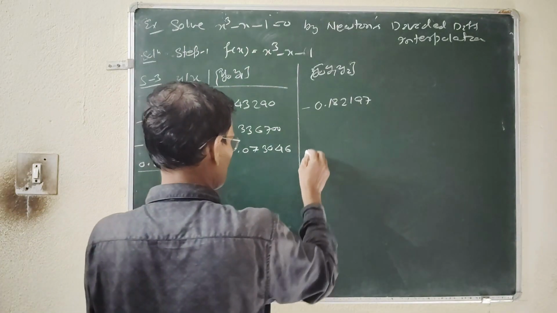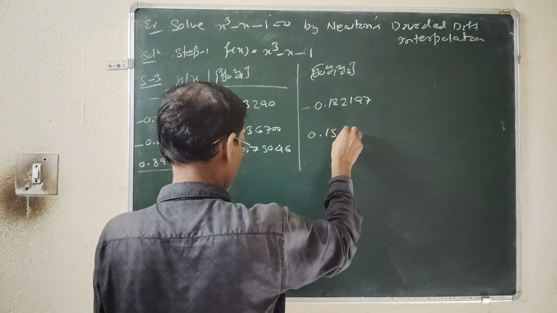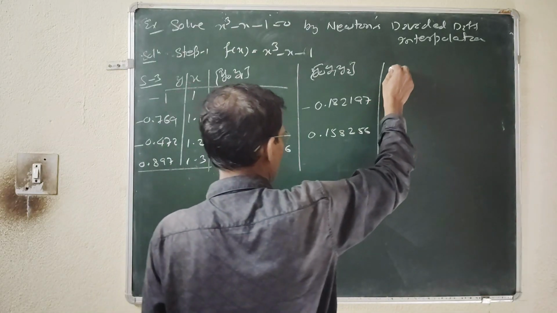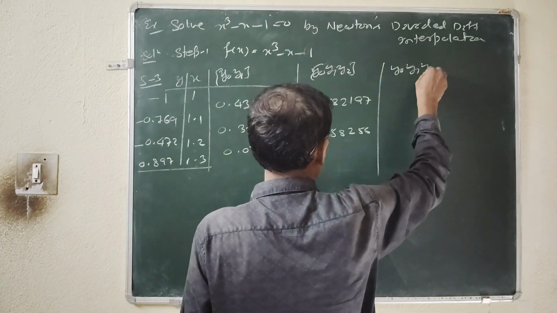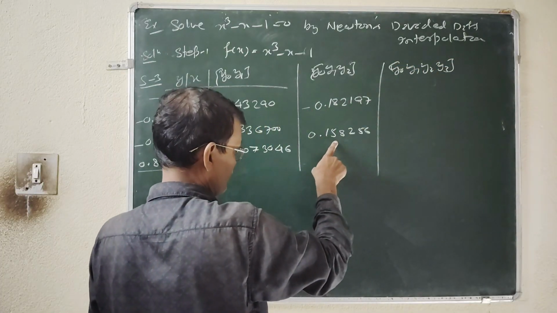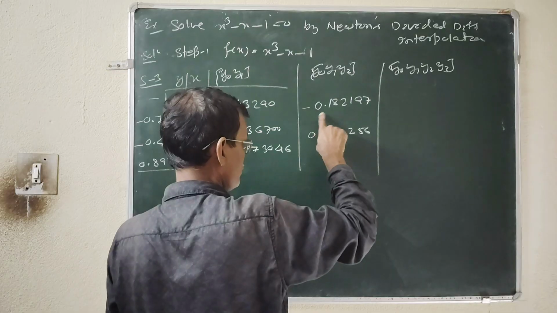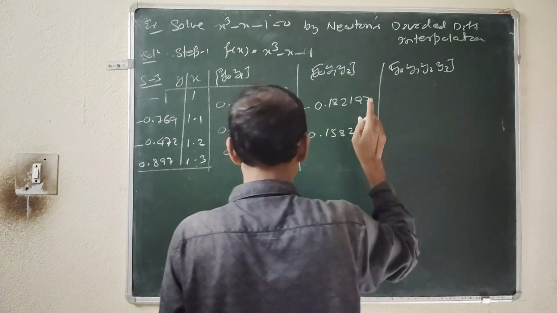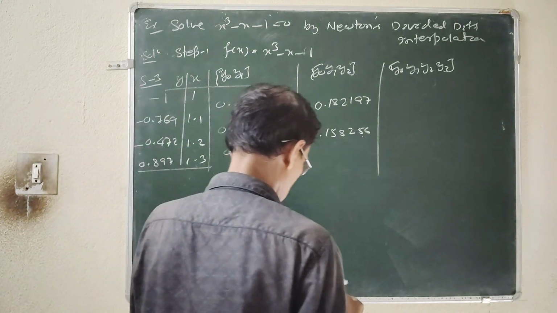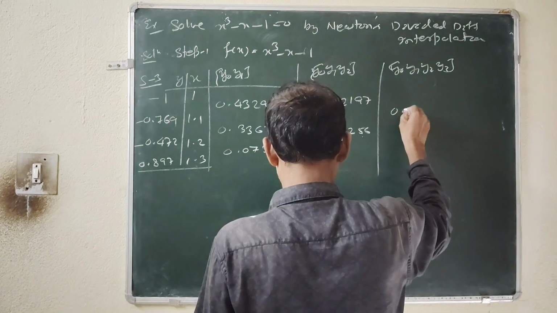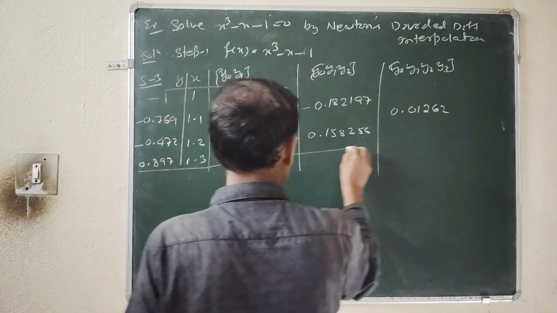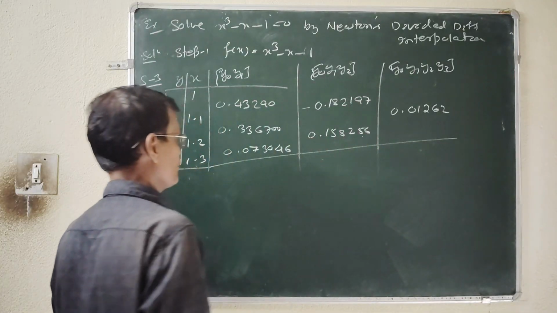The result is 0.158256. Then the third order [y0, y1, y2, y3], that is 0.158256 minus minus 0.182197 divided by 0.897 minus minus 1. The result gives 0.01262. Now we have the divided difference table.